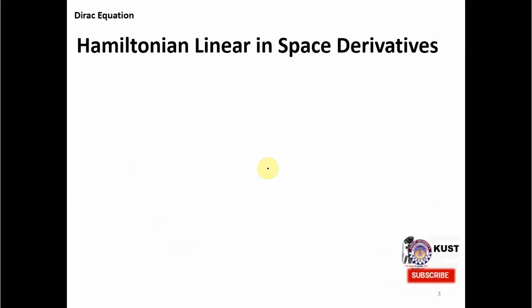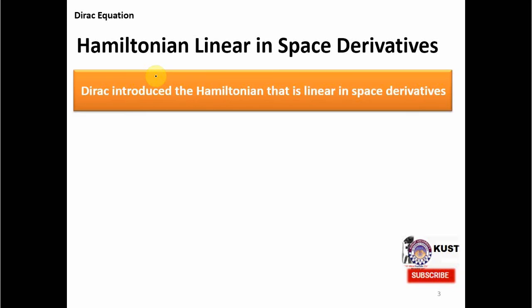Dirac proposed that we can have a Hamiltonian which is linear in space derivatives as well. The equation is linear in time derivatives, but we can have a Hamiltonian which is linear in space derivatives. So Dirac introduced the Hamiltonian H equal to c alpha dot p plus beta m c square.